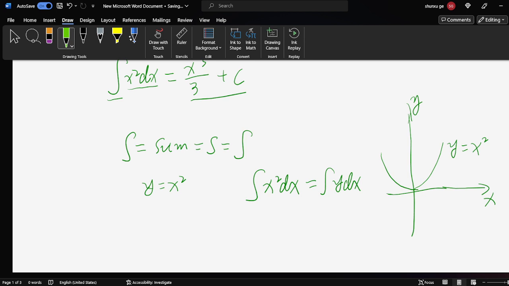This is the graph of x squared. So where's dx? When we take a value x, we get one value y here. This part is very small. I pick a big one.